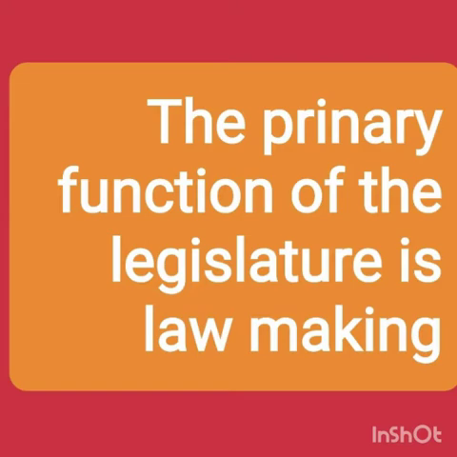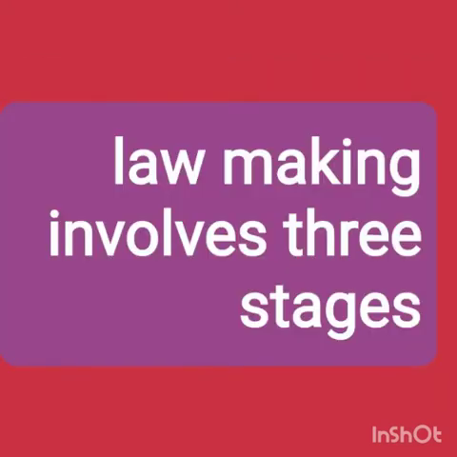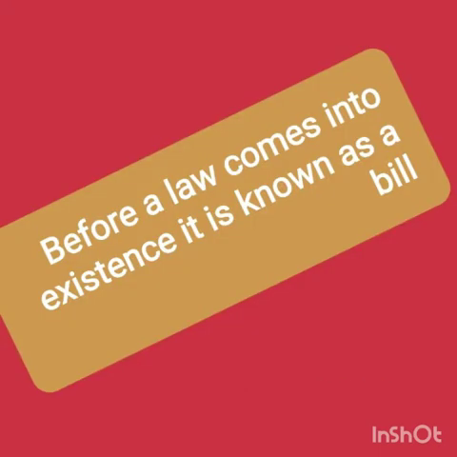Since the primary function of the legislature is to make laws, there is a specific law-making procedure that the Union Legislature or the Parliament follows. Law-making involves 3 stages. Before a law comes into existence, it is known as a bill.